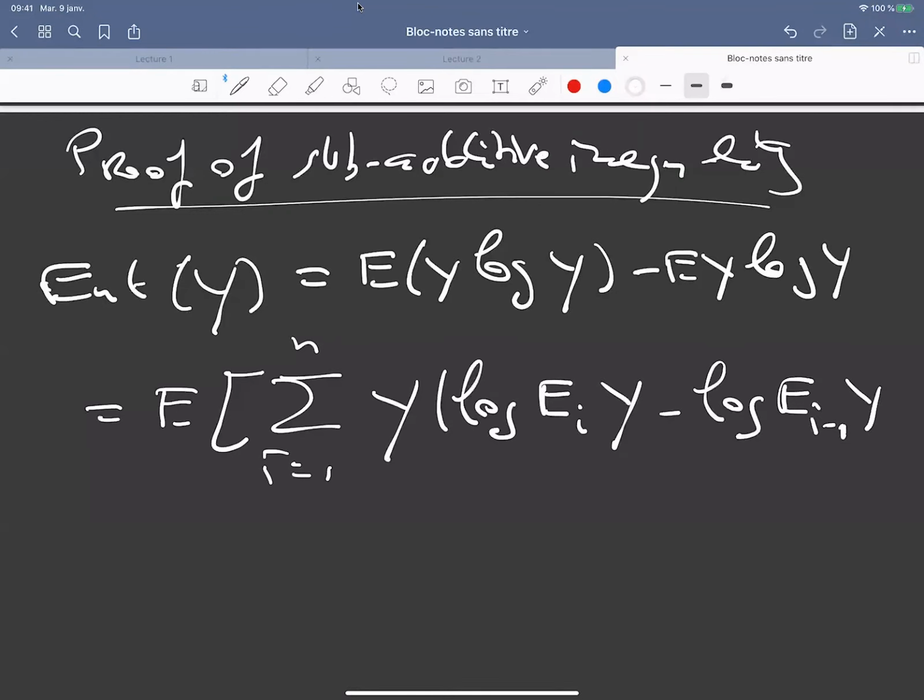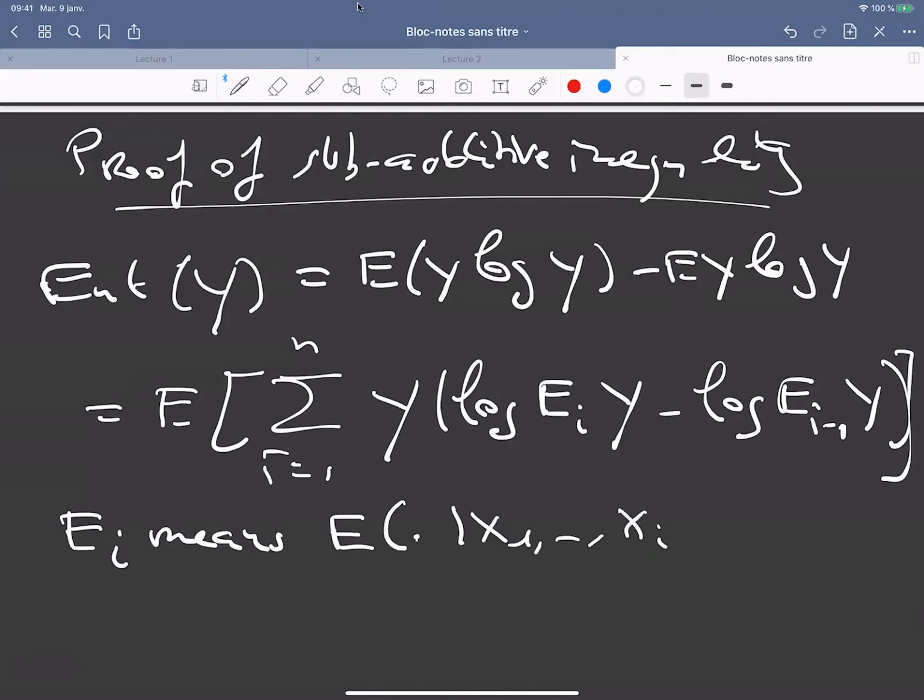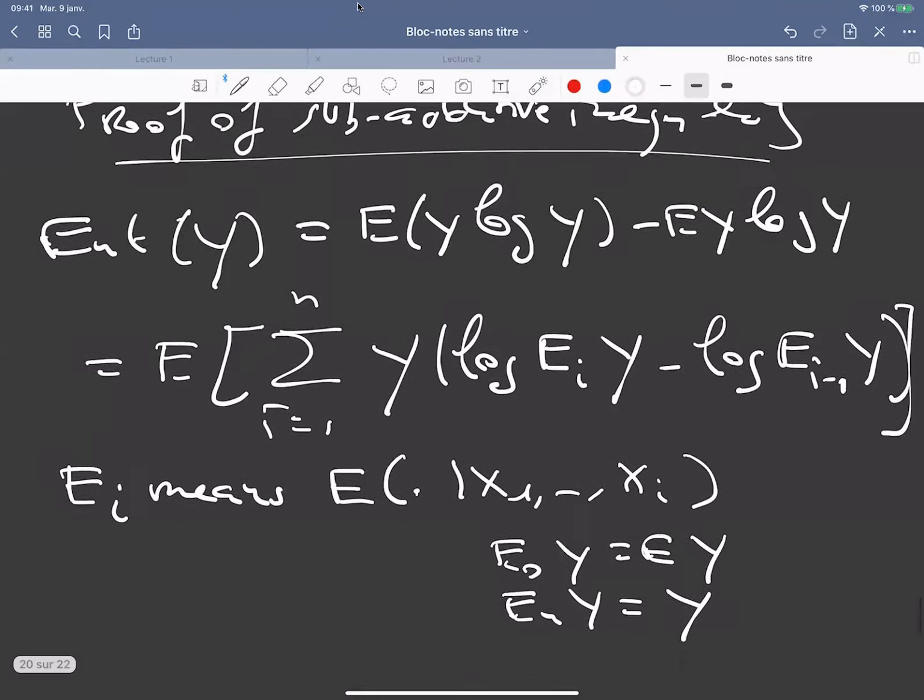of y. Okay. Recall that this means expectation conditionally to x1 up to xi. And of course, E0 is just ordinary expectation, and En is identity because y is x1 up to xn measurable.